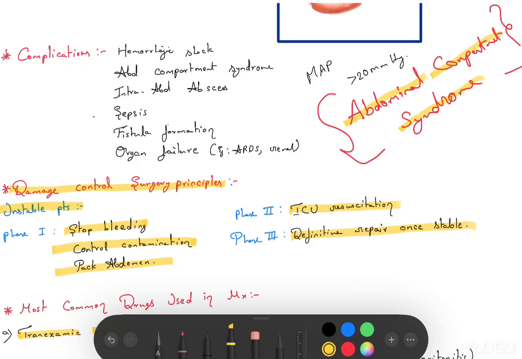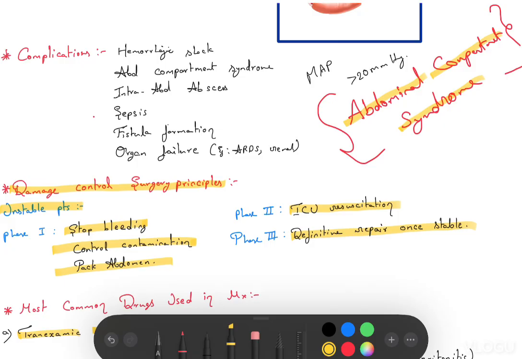Most dependent space in males is the rectovesical pouch. Most dependent space in females is the pouch of Douglas. Positive FAST means hemoperitoneum until proven otherwise. Most common cause of death in liver injuries is hemorrhage.